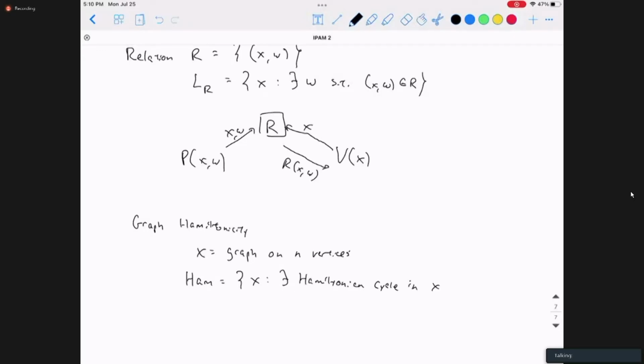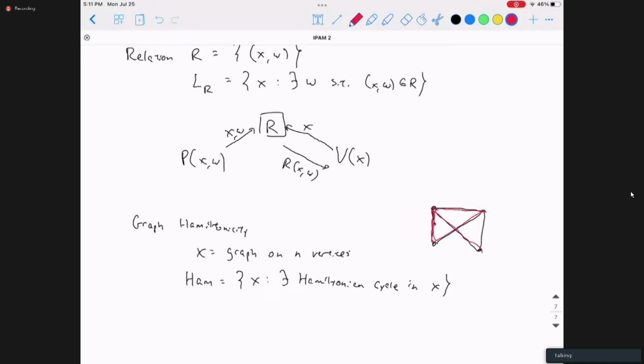What does it mean to have a Hamiltonian cycle? It means that you have a sequence of edges that you can follow that will traverse each vertex in the graph exactly once, and then return back to its starting position. If I give a small example here, something like that, this graph should have a Hamiltonian cycle because I can follow, let's see, if I use a different color... Oh, it doesn't have a cycle actually.